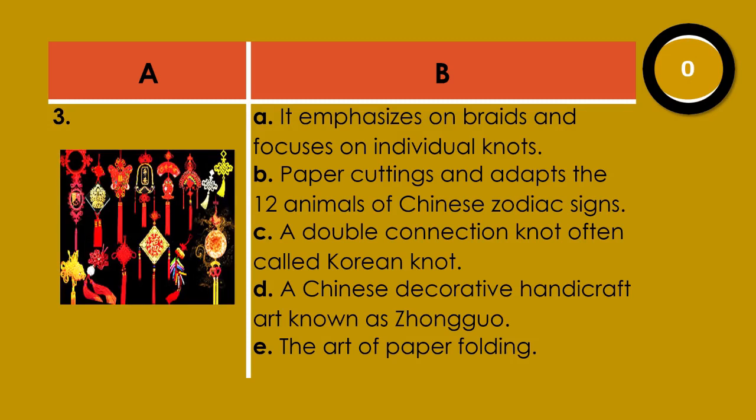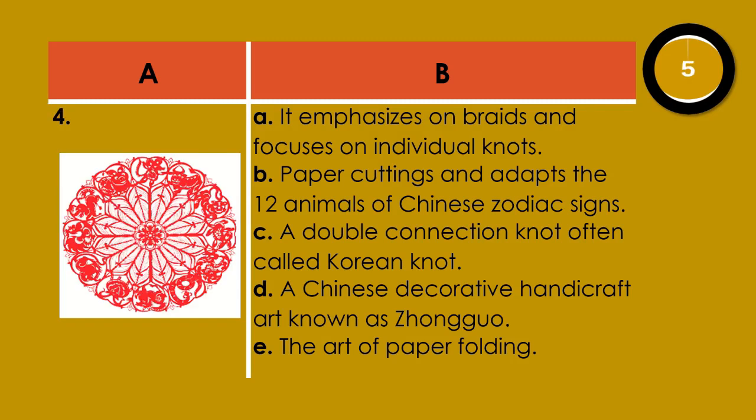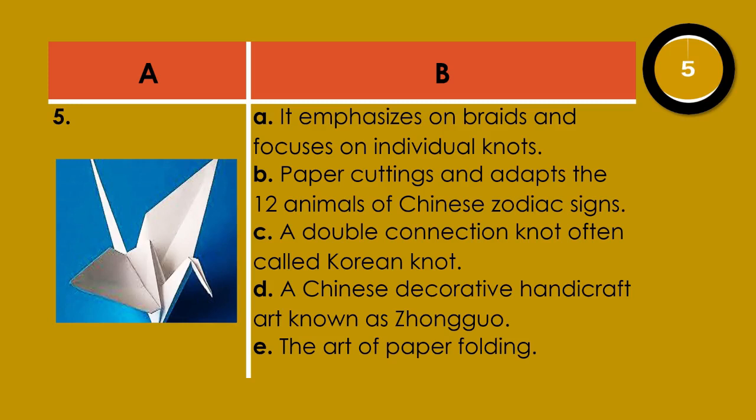Time is up. Let's have number 4. You have 5 seconds. Time is up. And our last item, number 5, you have 5 seconds. Time is up. Let's check your answers.